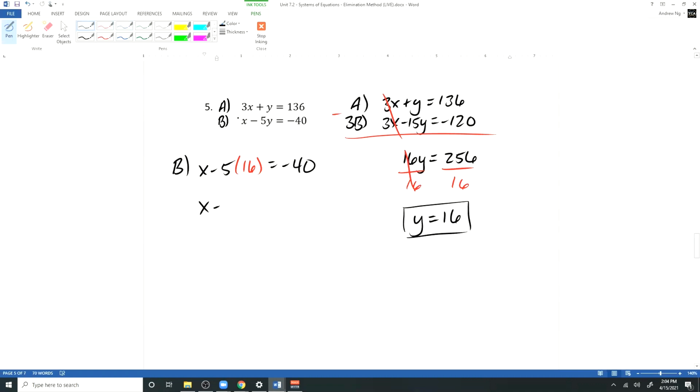X minus, let's see, 5 times 16 is 80. So x minus 80, negative 40. And add 80 to both sides.